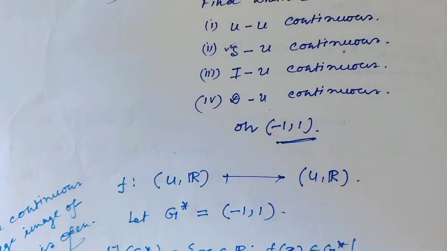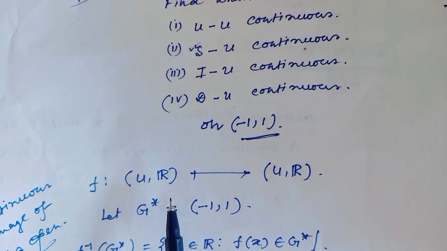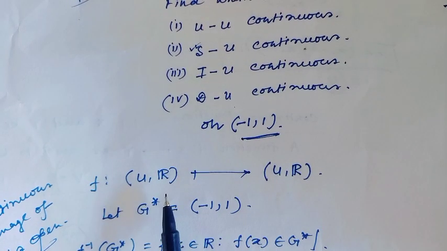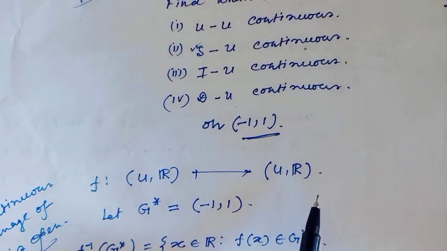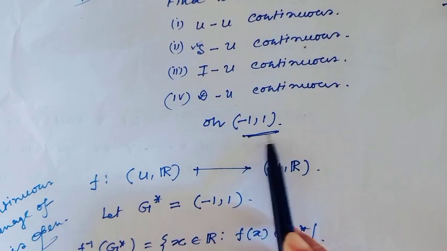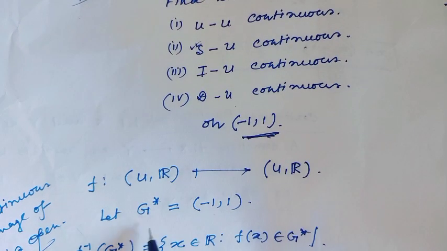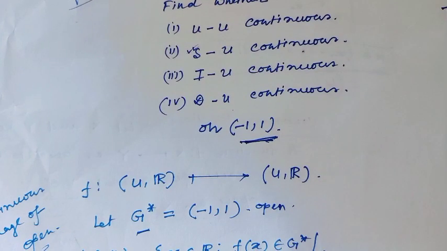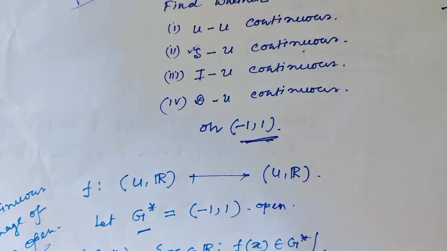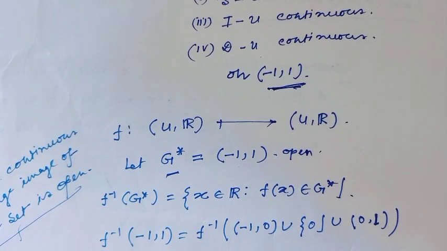For this, consider a function defined from the usual topology on the real line to the usual topology on the real line. And here I will check the continuity on -1 to 1. Consider this set is G star. Firstly, this set is open. Then to prove continuity, I will check that the inverse image of an open set is open.